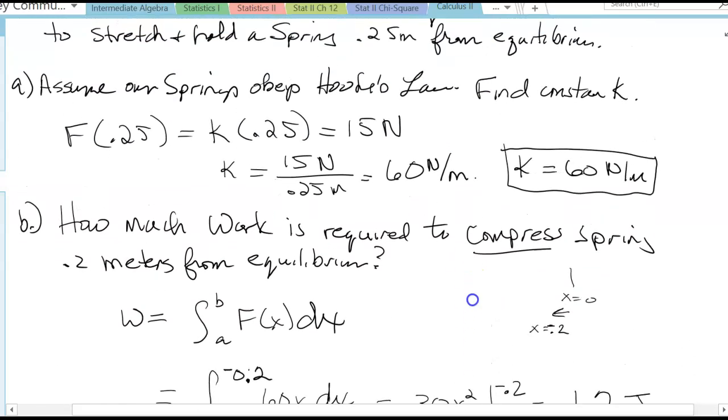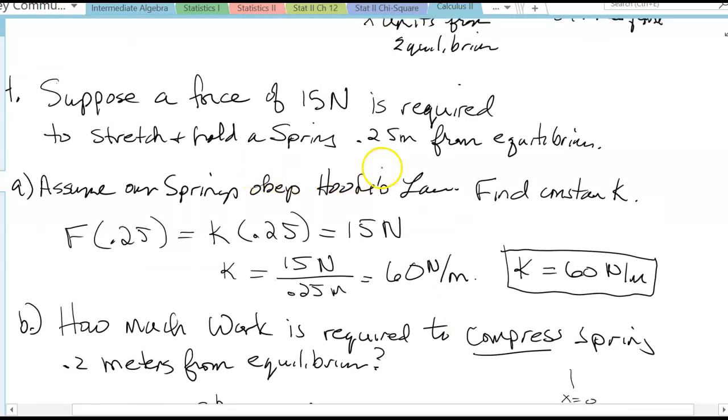So remember, when we started, we knew that we could stretch and hold our spring at 0.25 meters.